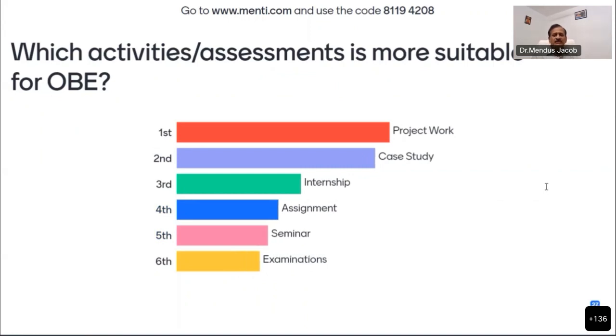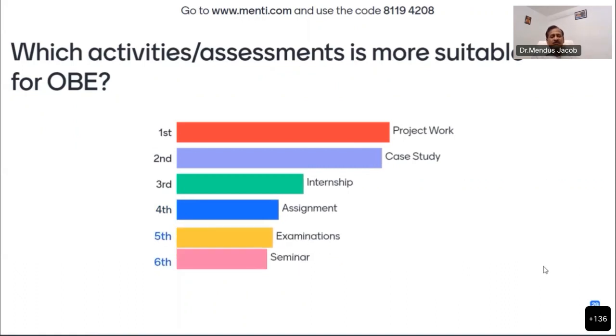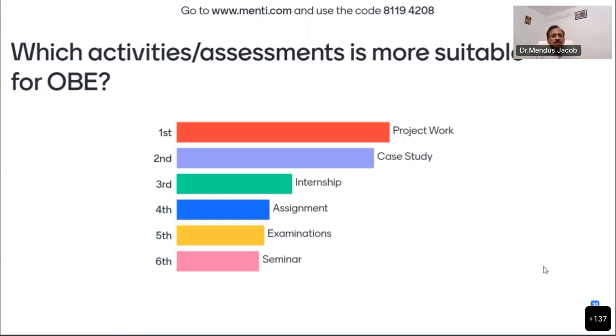Please give the responses in the Mentimeter, not in the chat box. Otherwise, you can go to menti.com and type the code which is on the top of the screen, 811-94208, and give the response.